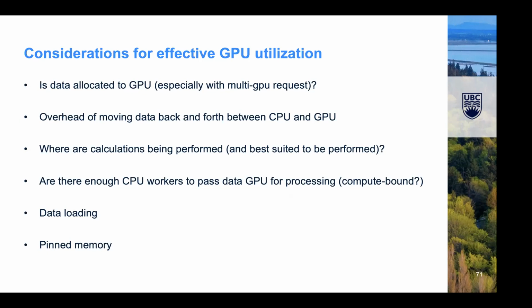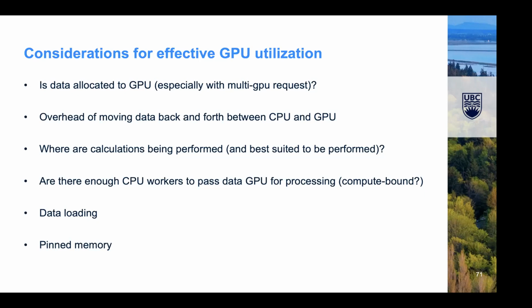One of the basic ones to start with is, as I've mentioned, are you allocating data to your GPU, especially with a multiple GPU request? Is it only being allocated to one, or are you sending data to the GPU at all? A common programming method with PyTorch, for example, is to set the device to CUDA if CUDA is available.